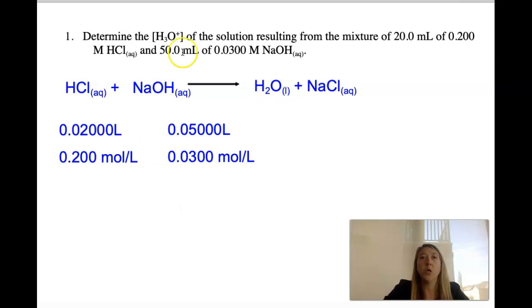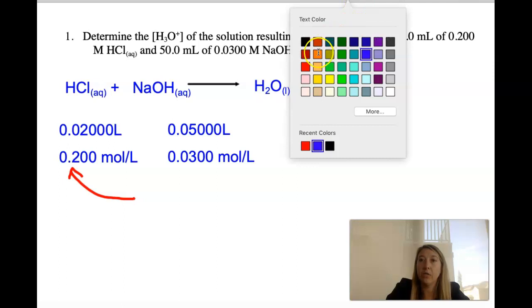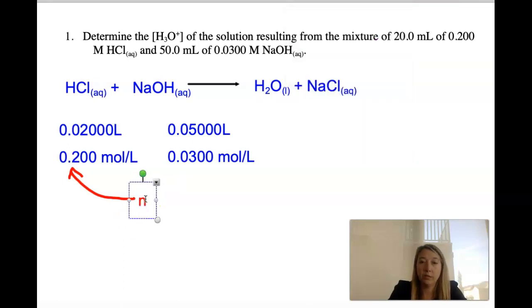So if we look at the HCl, we can take this data and calculate how many moles we have of it. Because I have moles per liter and liters, all I have to do is multiply them.